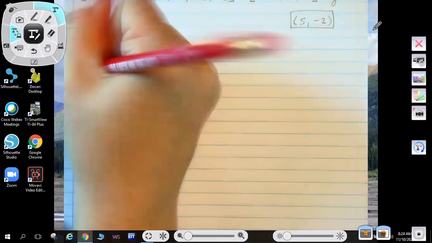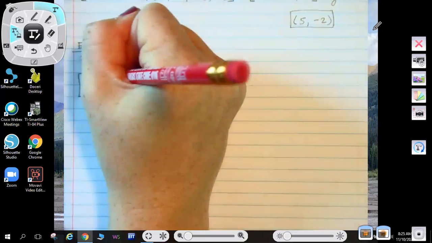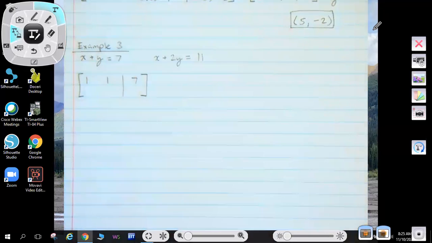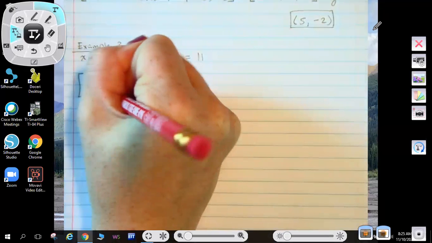All right, let's create our matrix from these equations. The first equation, we have 1x, 1y equals 7. Second equation, we have 1x, 2y equals 11.